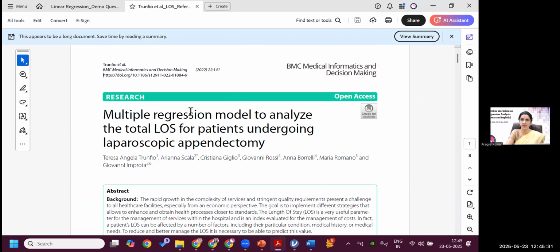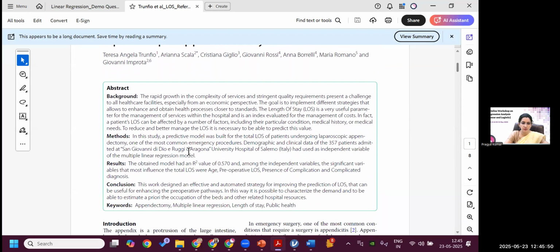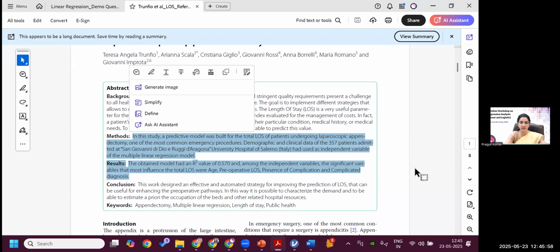So Dr. Namrata is writing yes. It was an article where they have performed a multiple regression model to analyze the total length of stay for patients undergoing the laparoscopic appendectomy. So how have they done it? Can someone read these two parts?